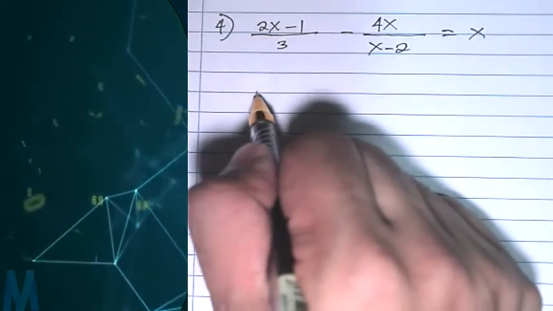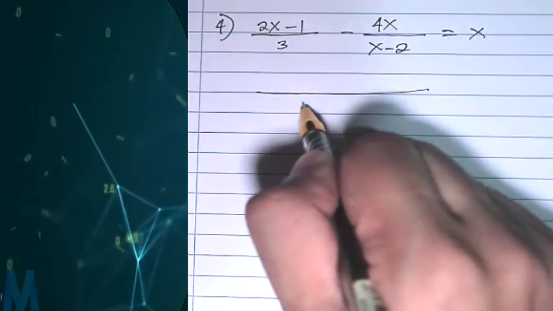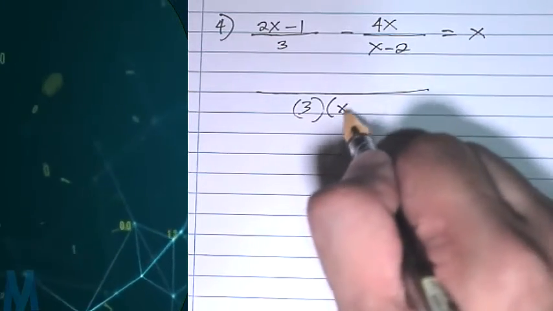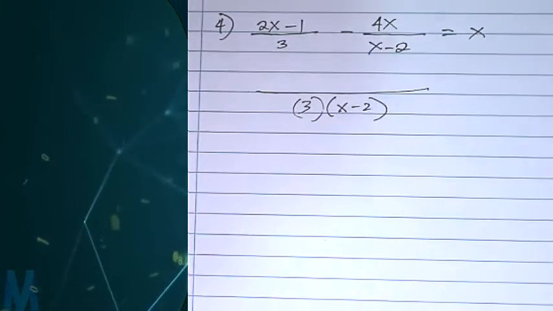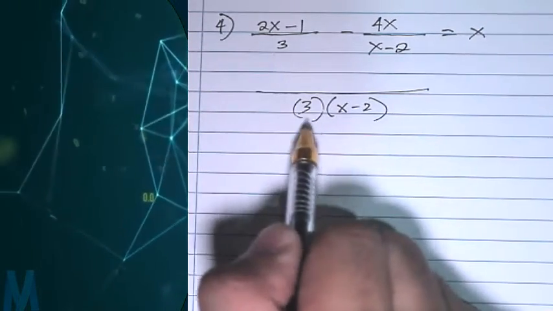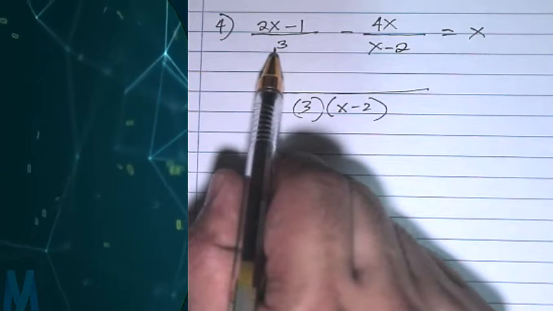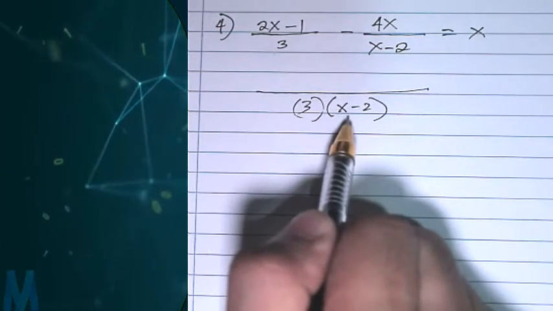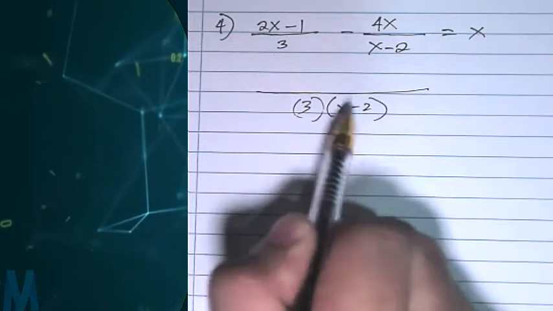So that is over 3 times x minus 2. And then we are going to divide the LCM by the first denominator. So 3 times x minus 2 divided by 3 will give you x minus 2.